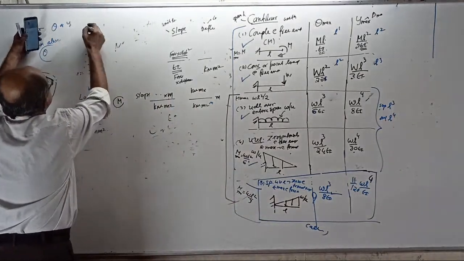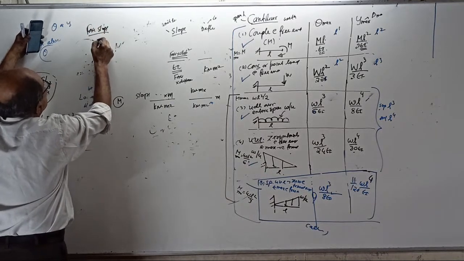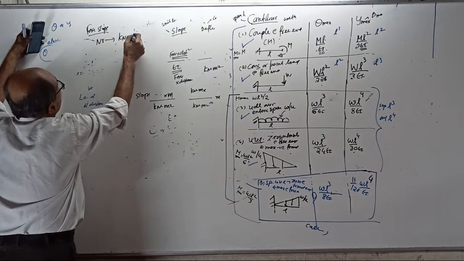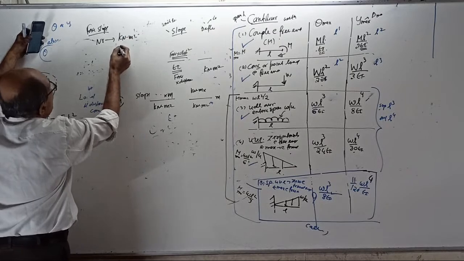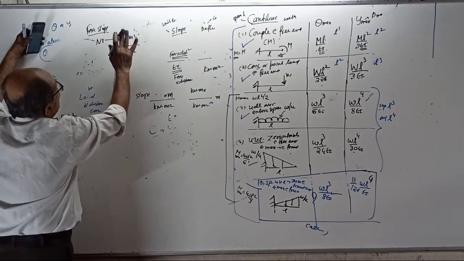Or you can remember one thing. For slope, the numerator should always be kilonewton meter square, so that dividing by the denominator kilonewton meter square makes it unitless.